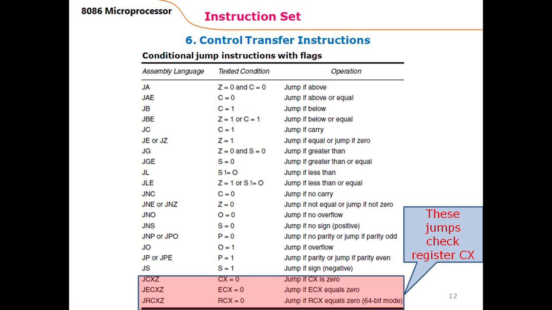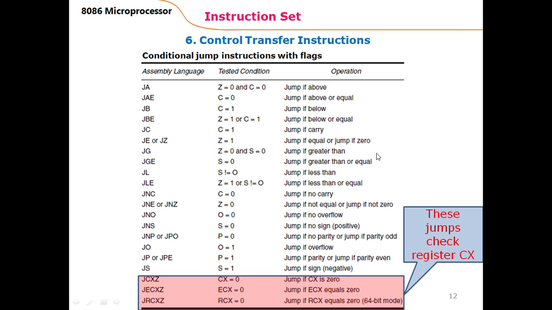ECX is not available in the 8086, so the 80386 and above microprocessors can execute this instruction, while RCX is available in Pentium computers because they can operate in 64-bit mode.